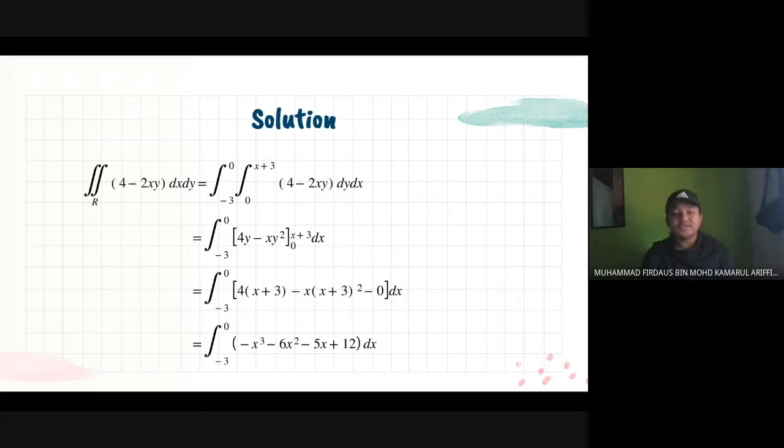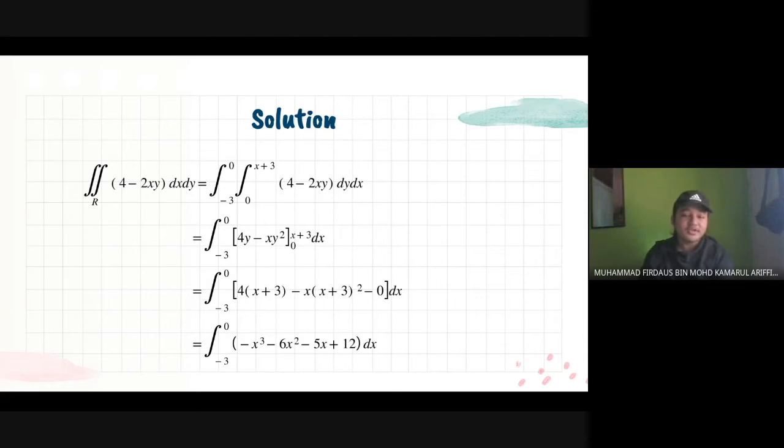From this, we got the double integral of 4 minus 2xy dx dy. For the double integral, we have to put the upper limit and the lower limit for the integral. For the first integral, with respect to y, we put the upper limit x plus 3 and the lower limit 0. For the second integral, we put 0 as the upper limit and -3 as the lower limit.